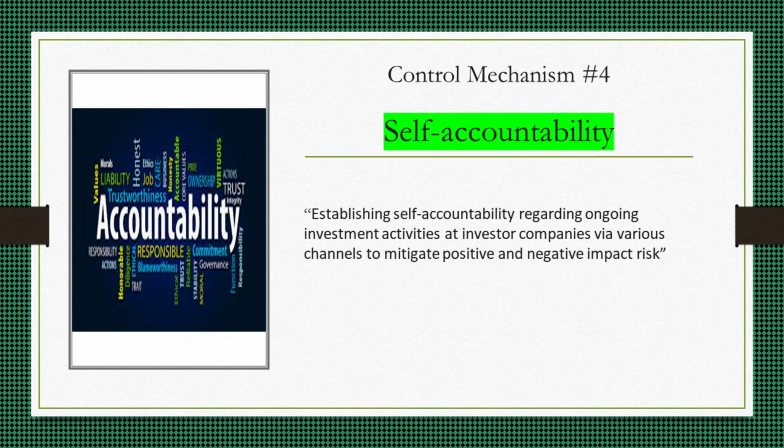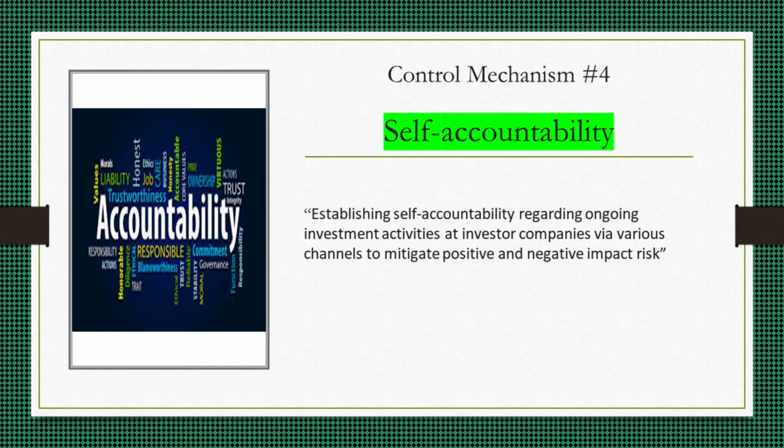Establishing self accountability regarding ongoing investment activities is another control mechanism that investors use to manage impact risk that may arise from their own operations. This is usually accomplished via two major channels: disclosure of the investment management process and impact grievance mechanism.